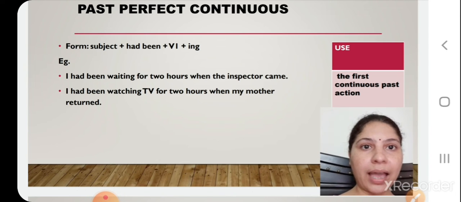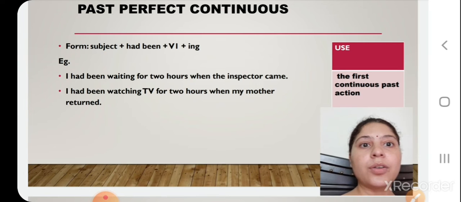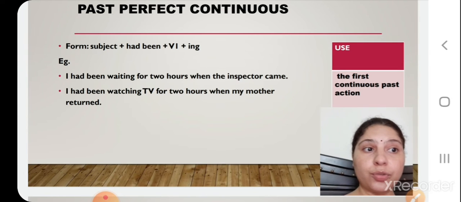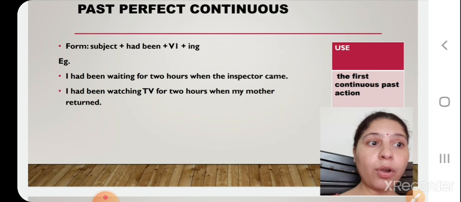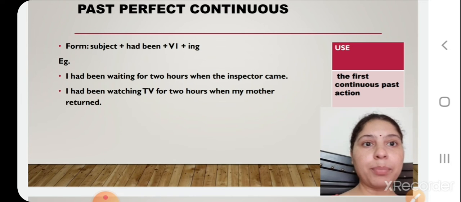So here we have, I had been waiting for 2 hours when the inspector came. So I waited for 2 hours and then the inspector came. This waiting was going on for 2 hours and then the inspector came. So two actions happened here, waiting and the coming of the inspector. Which action is happening first?